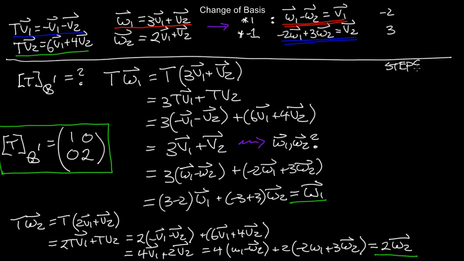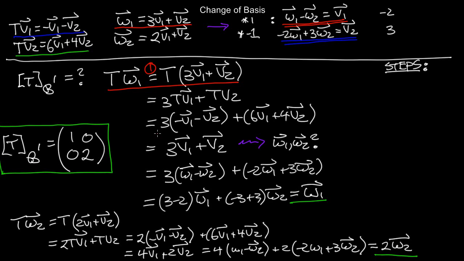So really there were 3 steps. The first step was to write W1 in terms of V1 and V2. So right here, that was step 1. I wrote W1 in terms of V1 and V2. And the next main step after a couple of elementary things was to compute T of V1 and T of V2.